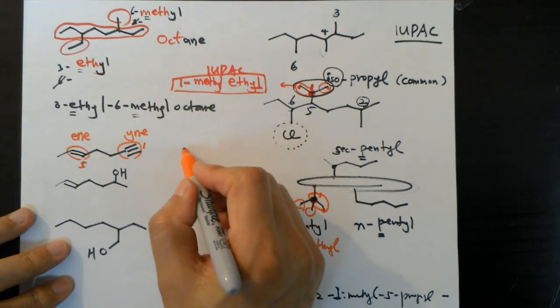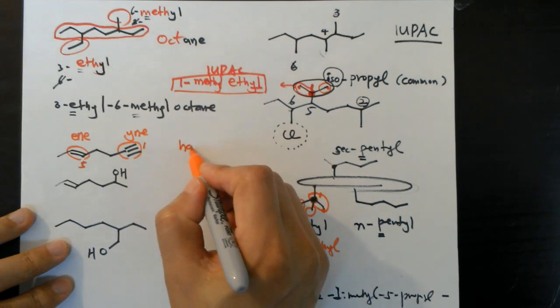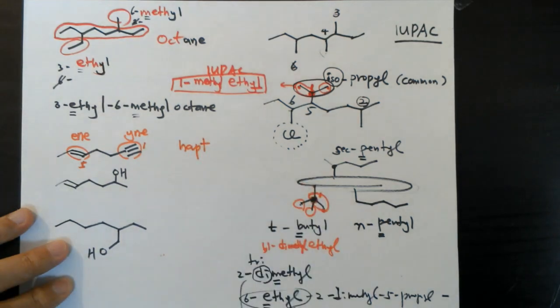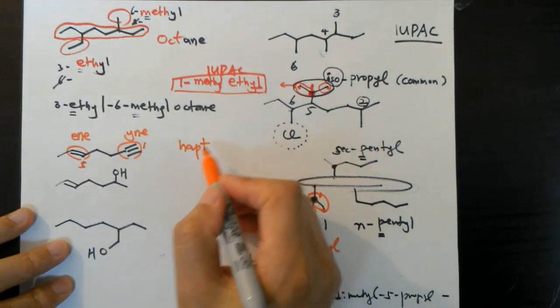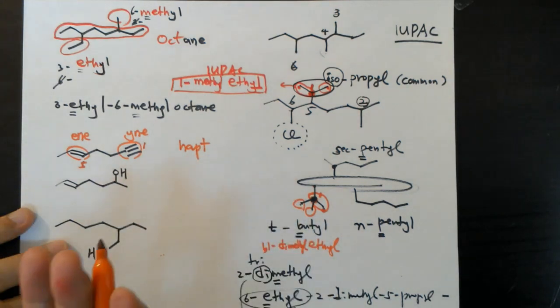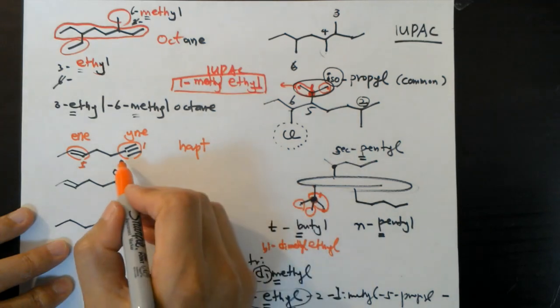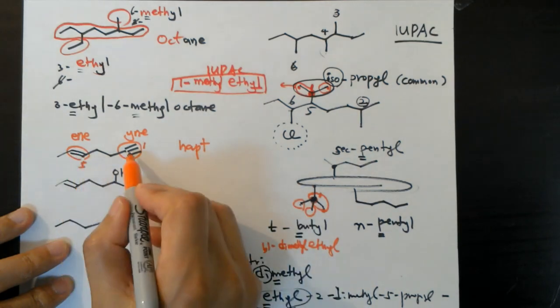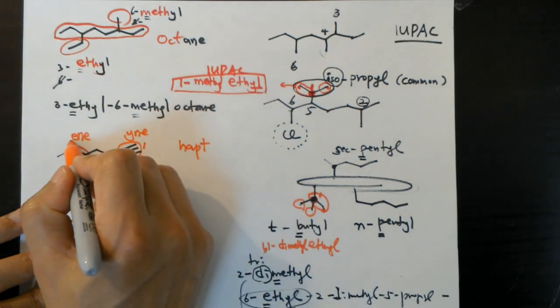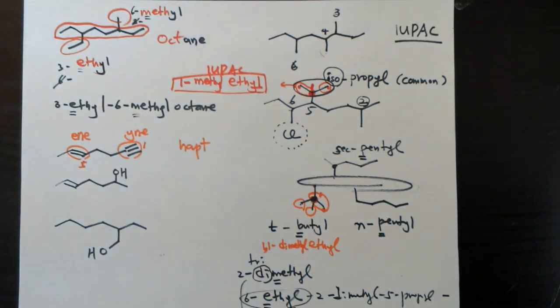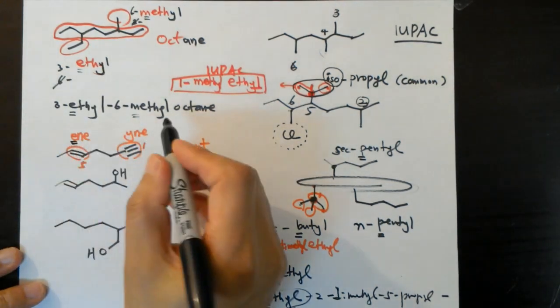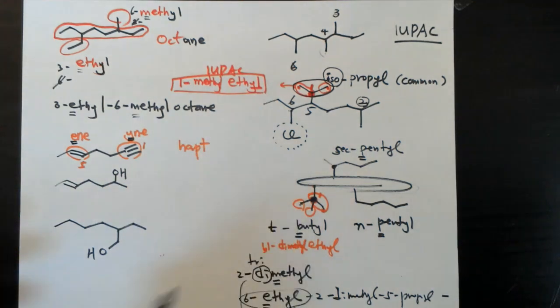So you have hep. Then when you put it together, there's no side chain, anything else, but you have the double bond and the triple bond, and double bond starts with an E, and triple bond starts with a Y.